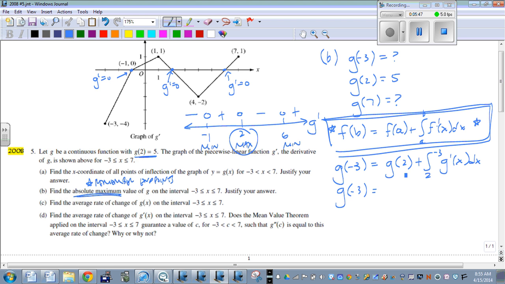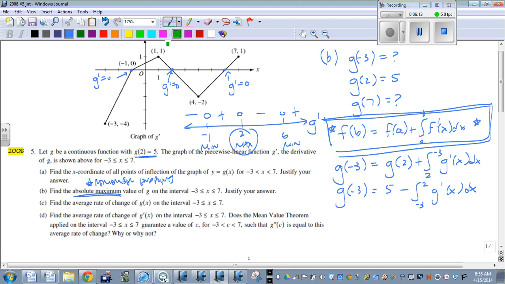I'm going to go ahead and replace the g of 2 with what we know it is, 5. But we can change this and put the negative 3 on the bottom and 2 on top, but if we do that, what else do we have to do? Make a negative on front, right? Subtract, because that's going to make it the opposite. So basically we're taking 5 minus the area under this graph from negative 3 to 2.